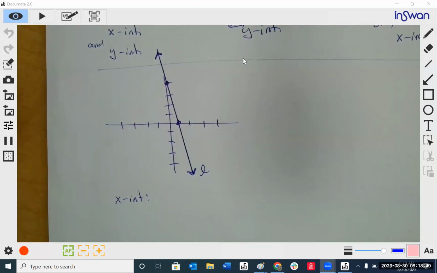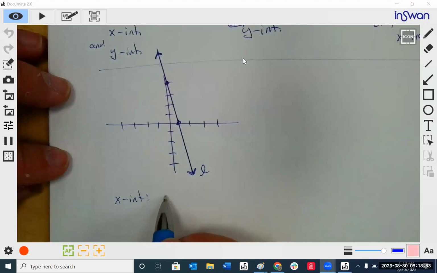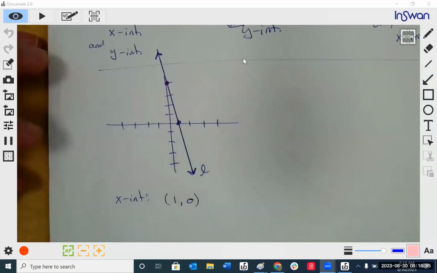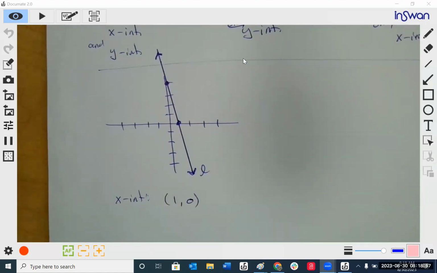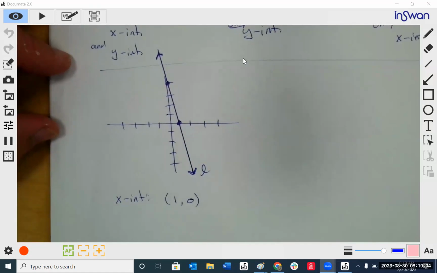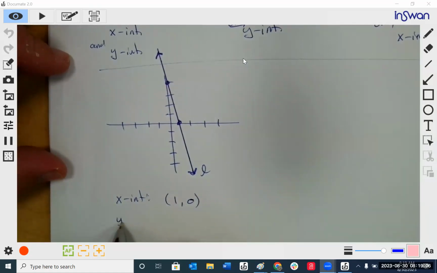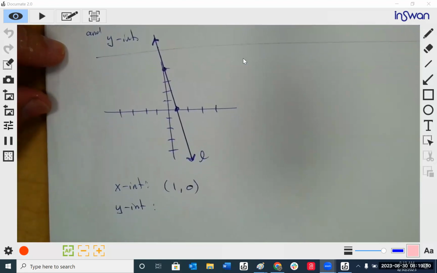It is one, but what's the location of it? (1, 0). Remember, location is the coordinate of that intercept. It's at (1, 0). What's the y-intercept? (0, 4). Very good.